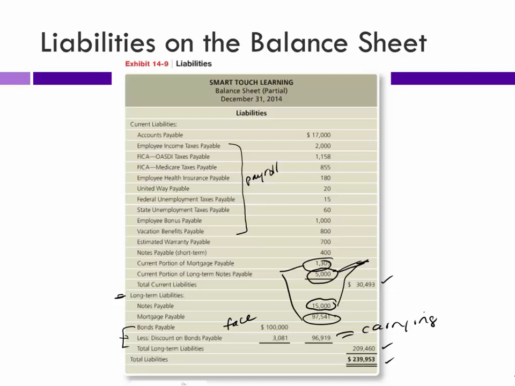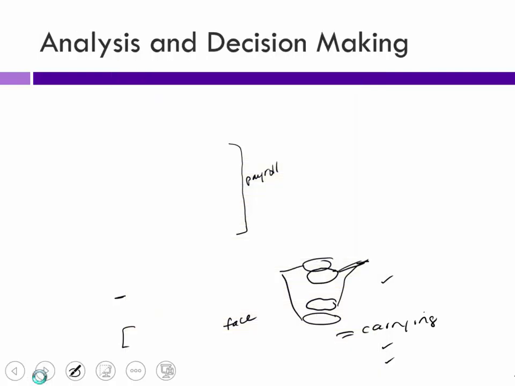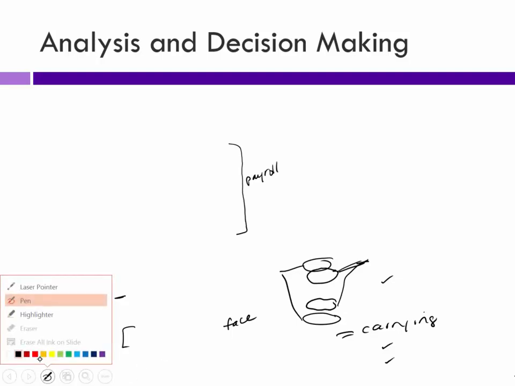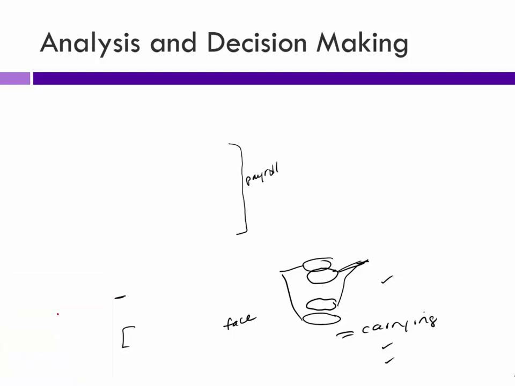The last thing is just about some analysis and decision making, and this looks really weird, so I'm just going to talk here for a second. But just financing through debt versus financing through equity, and it talks about the pros and cons of here. I don't know what this is going to look like when I save it.